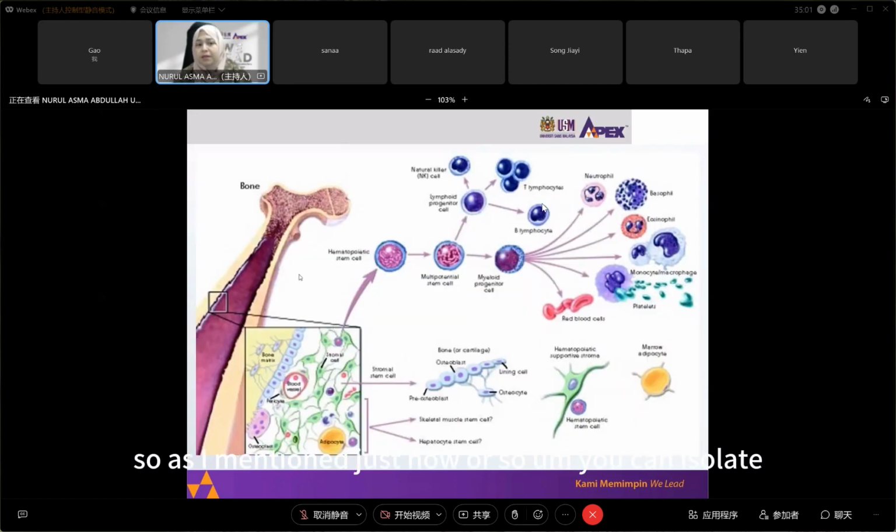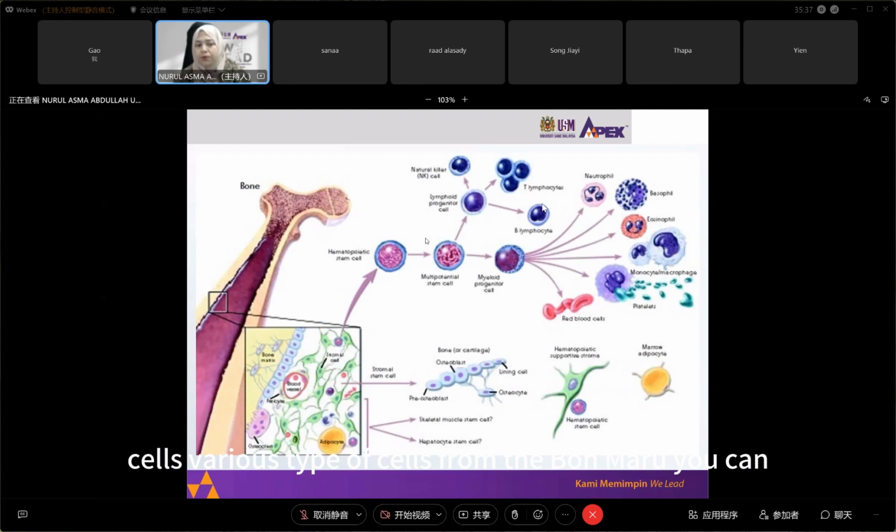So as I mentioned just now, you can isolate cells from the bone marrow. This one is the bone, and you have the bone marrow. From the bone, you can basically isolate the hematopoietic stem cells, and also the multipotent stem cells, or MSC, mesenchymal stem cells, which can be differentiated into various types of cells.